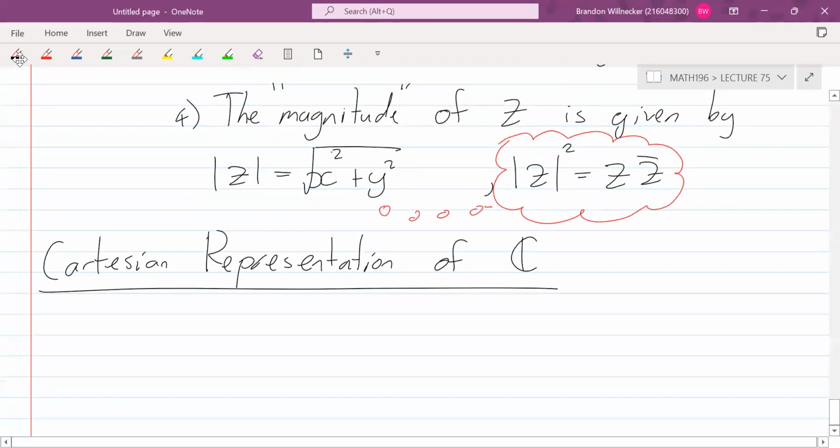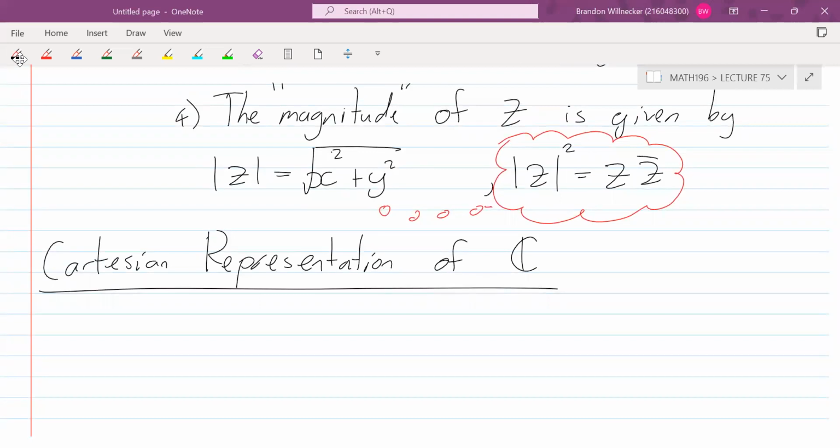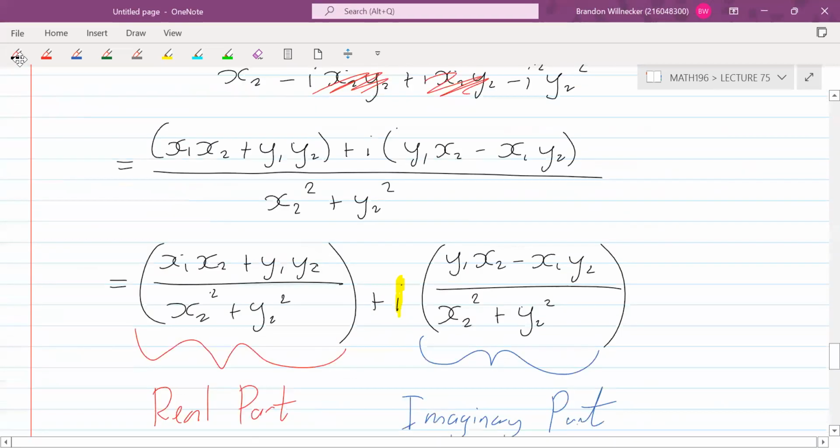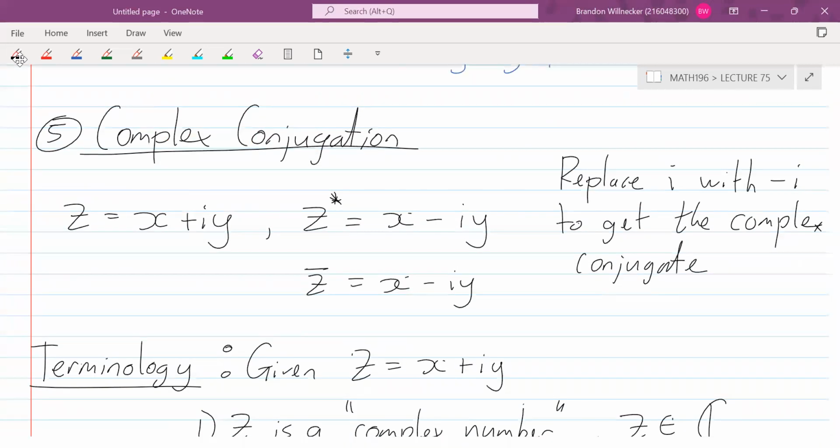Why do we say it's the Cartesian representation? If we go back here, we've got a general complex number given by x plus iy. We've got two parts to it, the real part x and the imaginary part y.